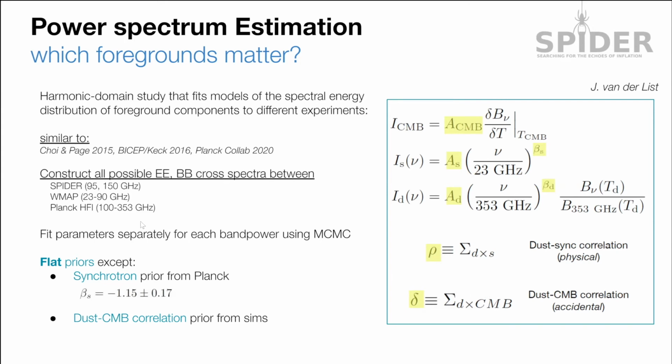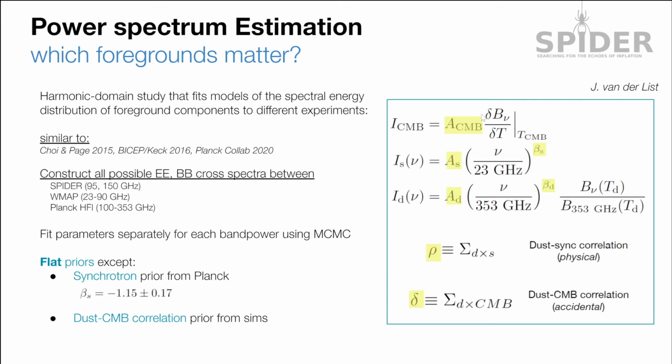We used flat priors for these parameters, except for the beta synchrotron prior from Planck posterior and dust CMB correlation prior from simulations. We did not fit for the synchrotron CMB correlation because it's expected to be the smallest of the 3 correlations, and the validations that we did indicate that we don't need that correlation.